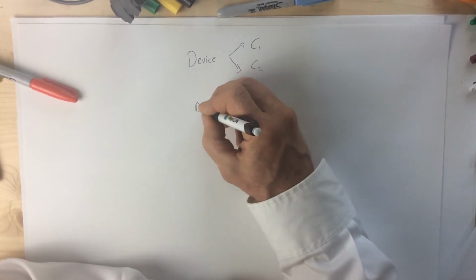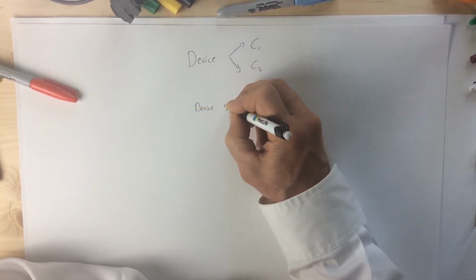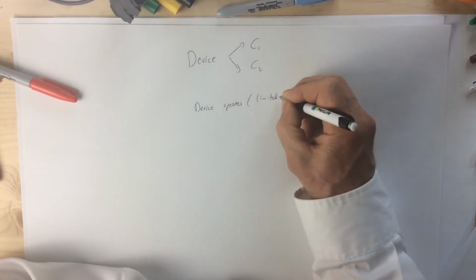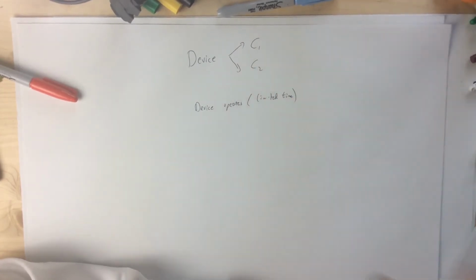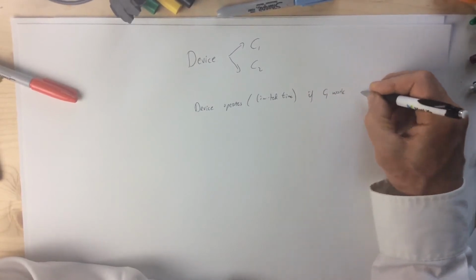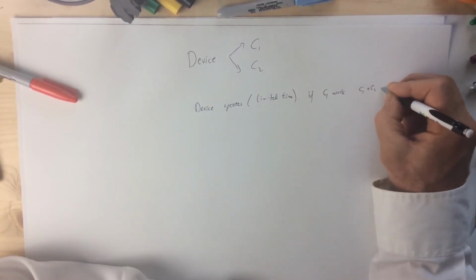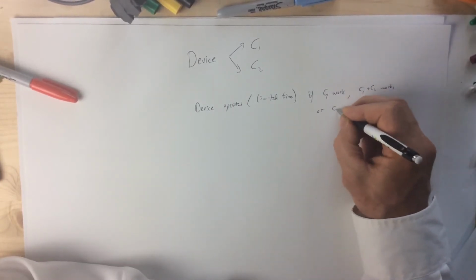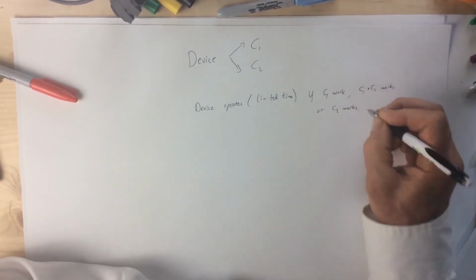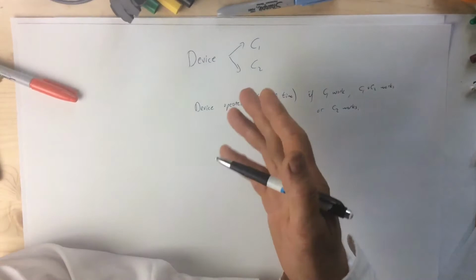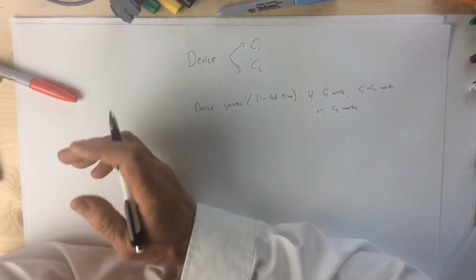And the device operates for some fixed limited time if C1 works, or C2 works. In other words, just one of the two components has to be working for us to say the device is operating. Frequently, these are called backups.